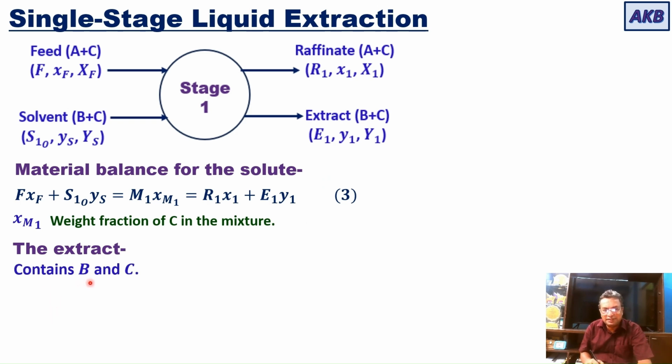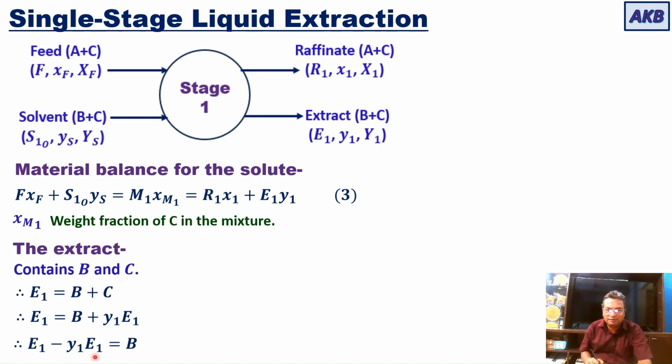Extract phase will contain B and C in it. So the mass of extract is equal to mass of B plus mass of C. That is, mass of extract equals mass of B plus Y1 into E1, the weight fraction of C in the extract into the mass of extract, which is nothing but mass of C. So that is E1 minus Y1 into E1 equal to B, and then we can take E1 common.